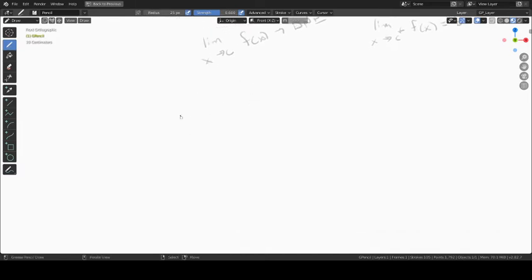So with that being said, let's go with a continuous function with some value c at this point. We got x and y axis, and then over here we'll have a.